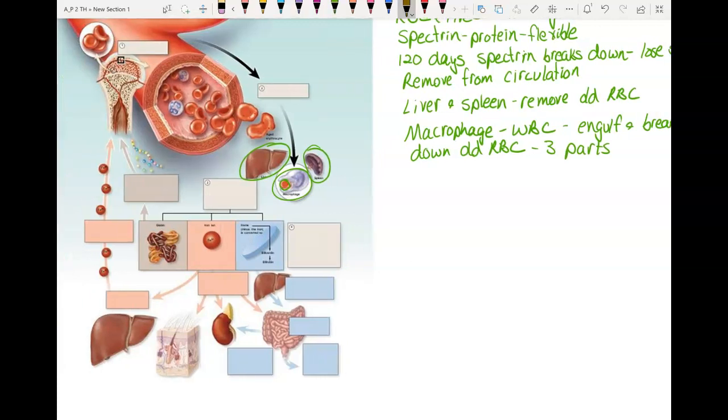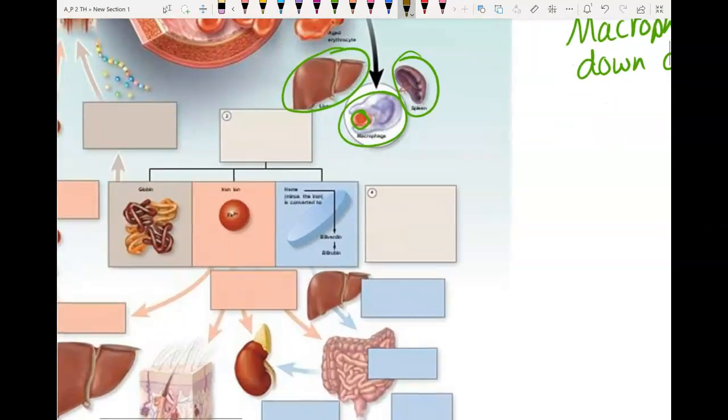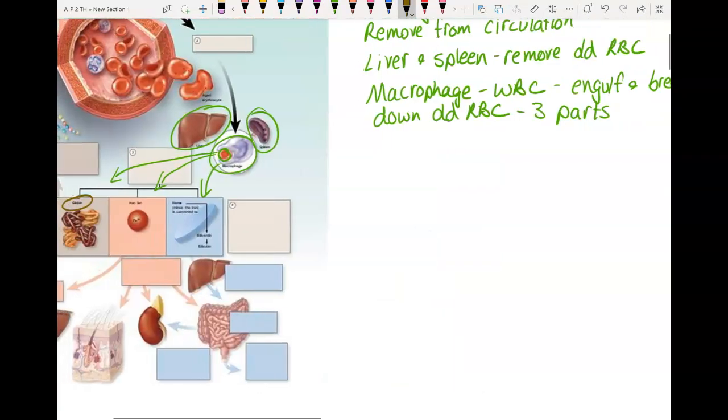So we have here the globin. Remember, that's the protein part. So from the macrophage here, when it's breaking it down into these three parts, the first one is the globin. Remember, this is protein. Well, if you think back to chapter 2, protein is made of amino acids.